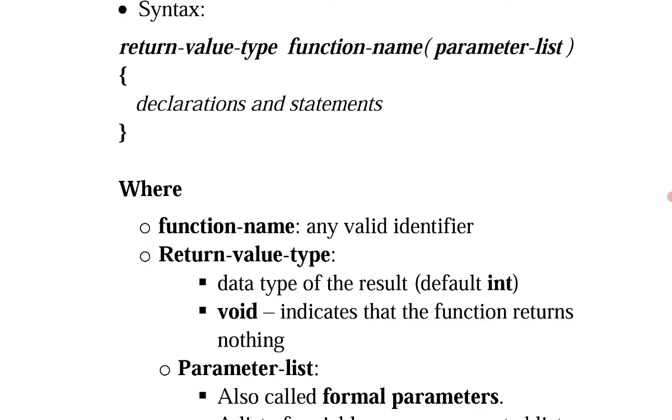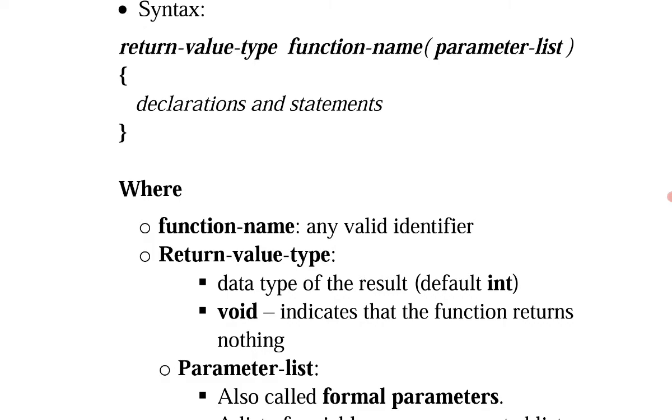Why? Because they are using void. Void is another data type which is generally used to define a null return type. So some functions may not return any values.